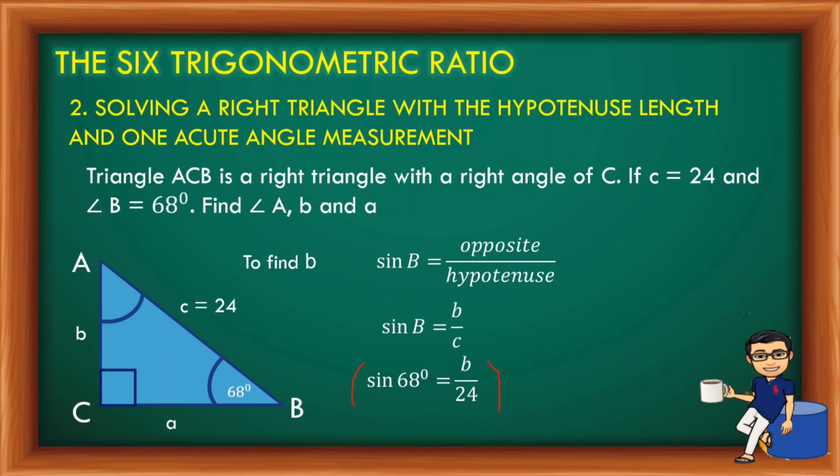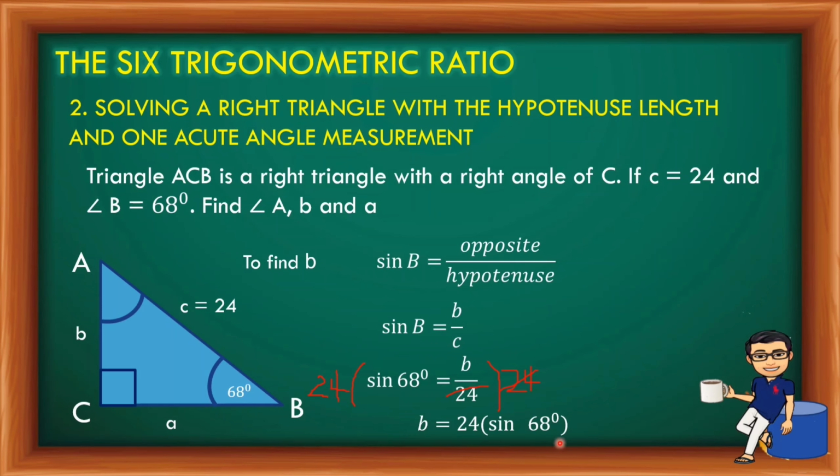Multiply both side by 24. So, lagay natin dito 24 sa kabilang side. Lagyan din natin ng 24. Para ma-cancel na to, at saka ito. So, ang matitira na lang ay b. Ito yon, which is equal to 24 times sine 68 degrees.